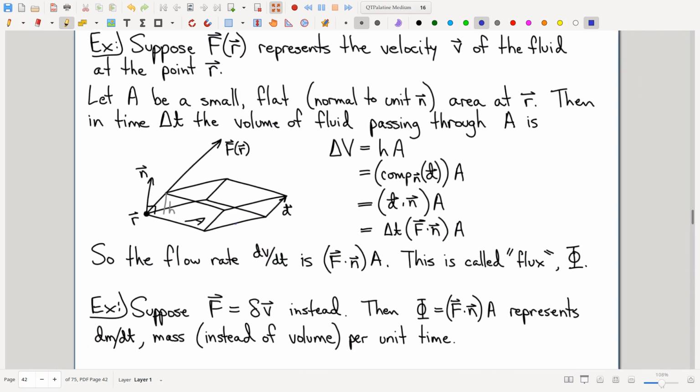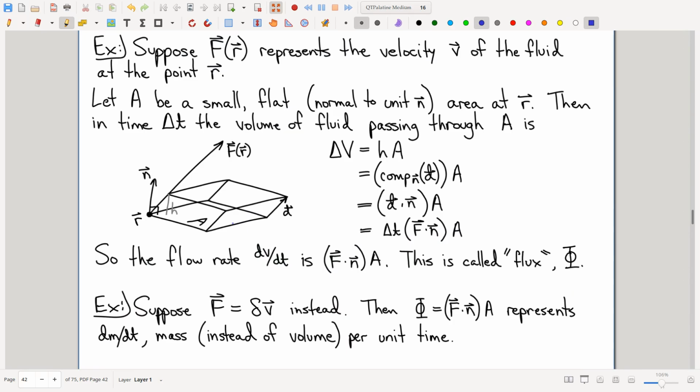It's mostly a shameless ripoff of what we just talked through, right? And that is, think through, instead of velocity, what if you represent the fluid flow with density times velocity?